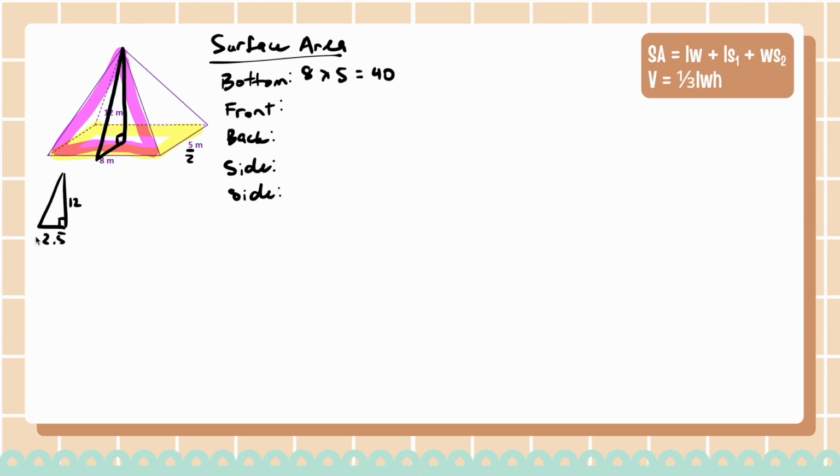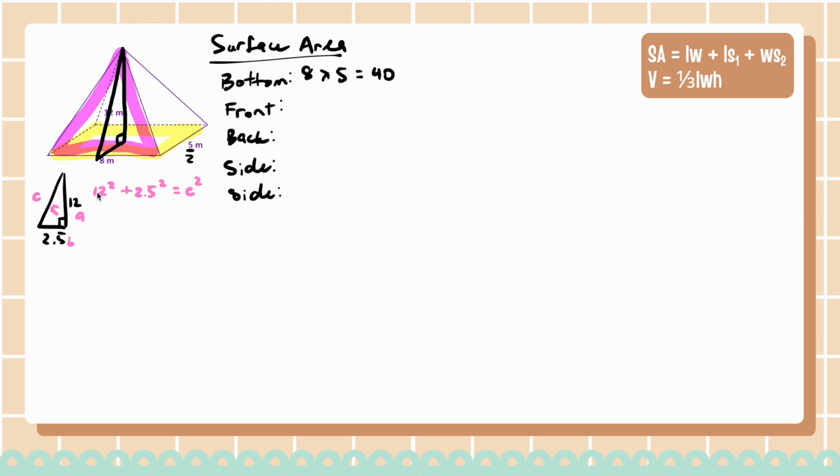Now let's solve for the slanted height. To do that, we're going to use the Pythagorean theorem. So let's start by labeling our A, B, and C. Across from our right angle is going to be our C. It doesn't really matter which one's A and B. We're going to plug it into A squared plus B squared equals C squared. So starting off with A squared, that's going to be 12 squared, plus B squared, which is 2.5 squared, is equal to C squared.